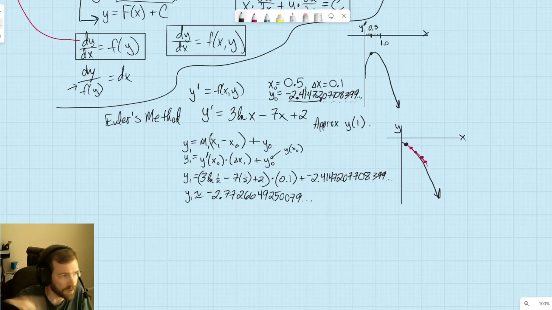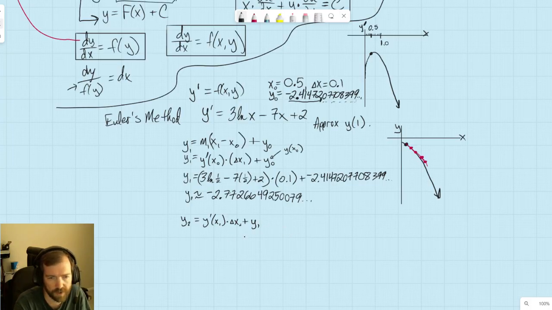Now we just cycle this through and we say, okay, now we want to do the same thing. So now we've got to do y2, which is going to be equal to y prime at x1 multiplied by our delta x added to our y1. And again, delta x2 technically, but it's all going to be the same stuff.